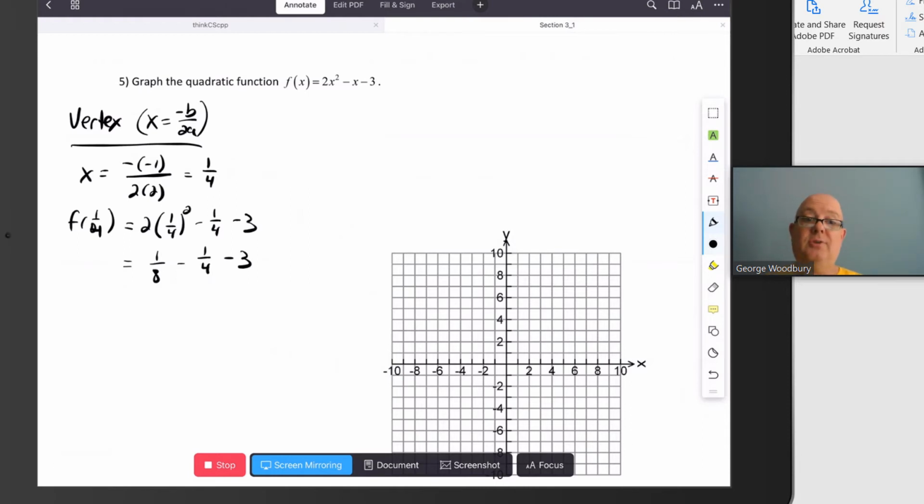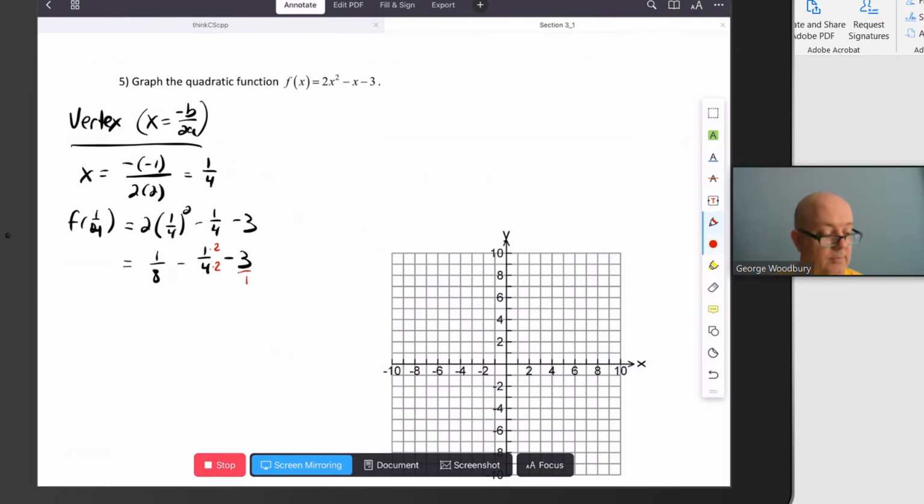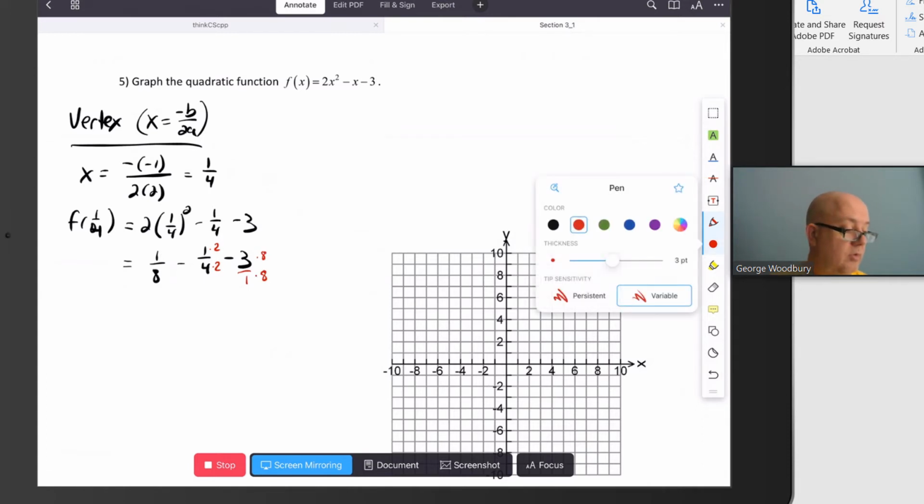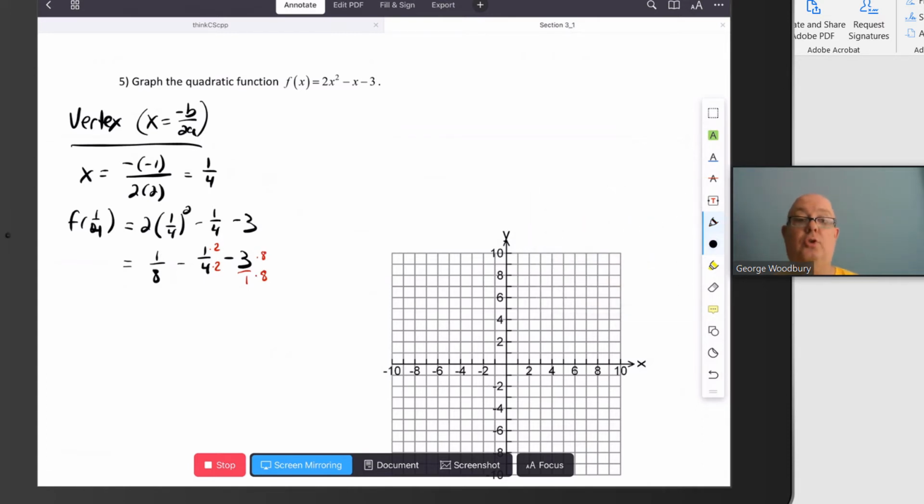I want to get a common denominator here so I can get that together in one fraction. So I'm going to multiply the second fraction by 2, top and bottom, to get its denominator to be 8. And then for the last number, negative 3, I'm going to think of that as negative 3 over 1, and I'm going to multiply top and bottom by 8. So all of our fractions have a denominator of 8.